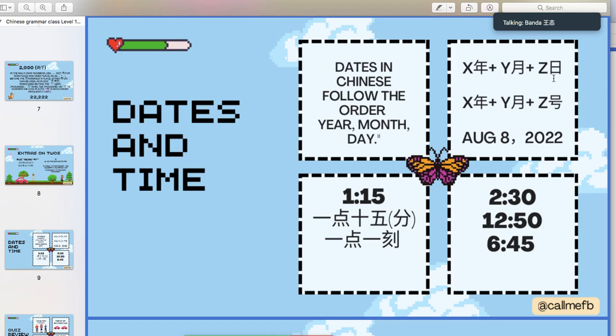Yes, very good. And this one we use mainly to refer to a day, right? It's the same as tian. So on calendars, that's one you will see, and this one is simply a number. Like, you remember when you're asking somebody for their phone number, we say the hao ma.